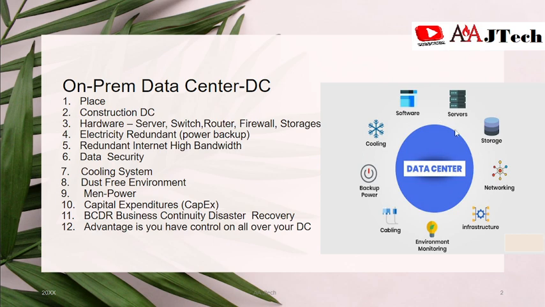I'm sure this picture will give you a lot of idea about everything like software, servers, storage, network, infrastructure, environment monitoring, cabling, backup power, cooling. Each and everything exists in an on-premises data center. So let's move further to the next slide.